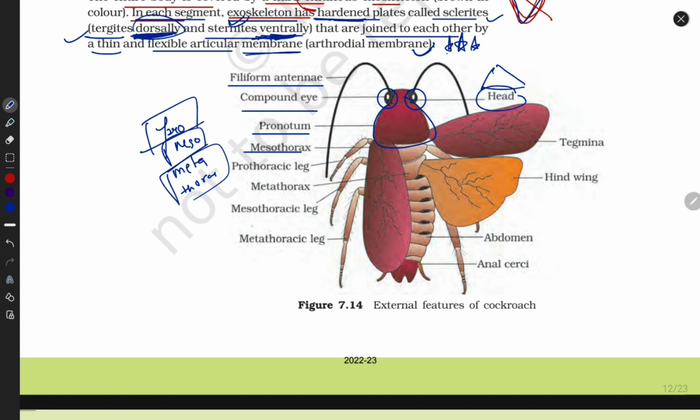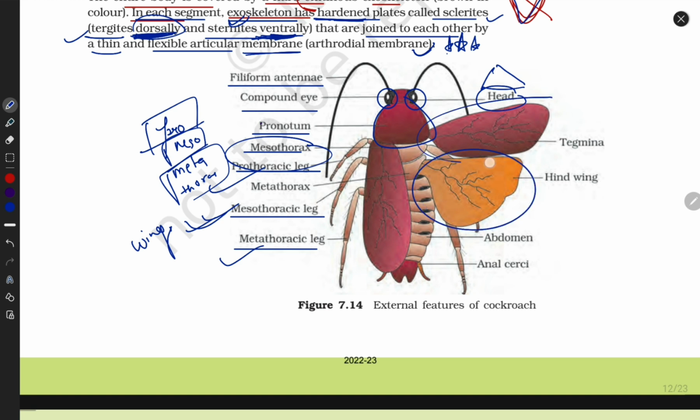Clear or not? Mesothorax also contains legs, metathorax also contains legs, prothorax also contains legs. But the mesothorax also contains wings. Wings are of 2 types: hind and fore. In common language, fore are hands and hind are legs.